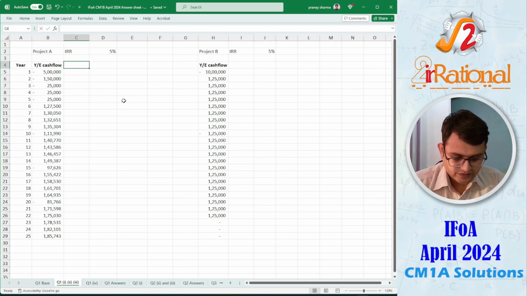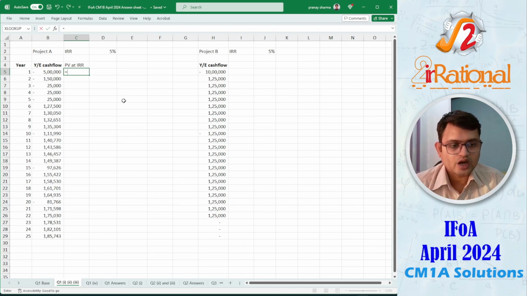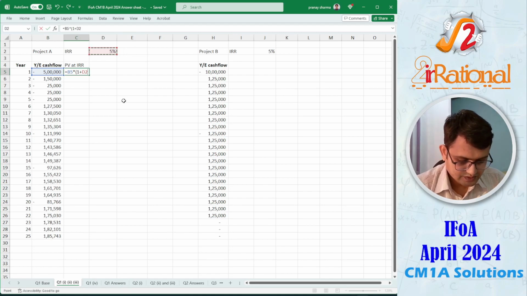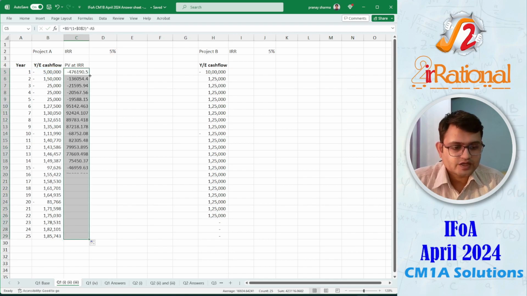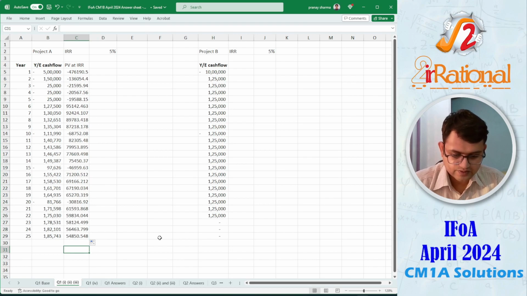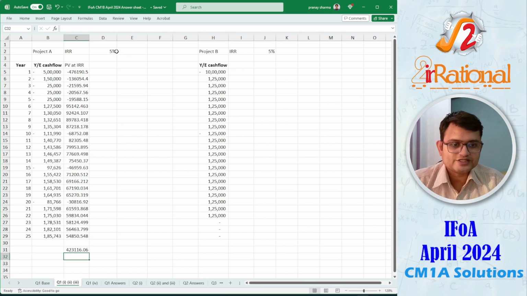So I'll say present value at IRR directly, because the outflows as well as inflows are given together, so we can use that. 1 plus the rate of interest, fix it, raised to minus year, and we can complete the data. I want this to be 0 by changing IRR, so I'm going to use goal seek.